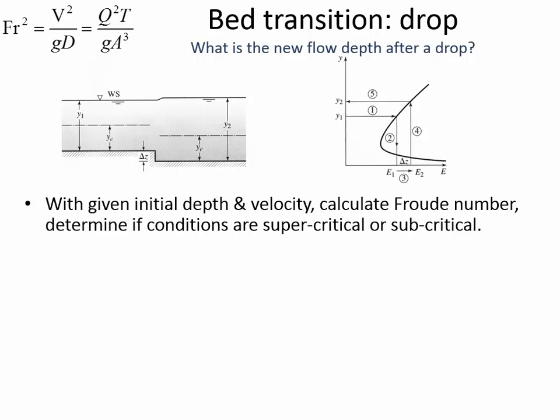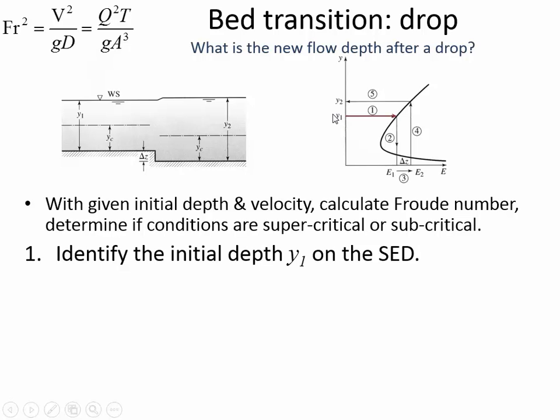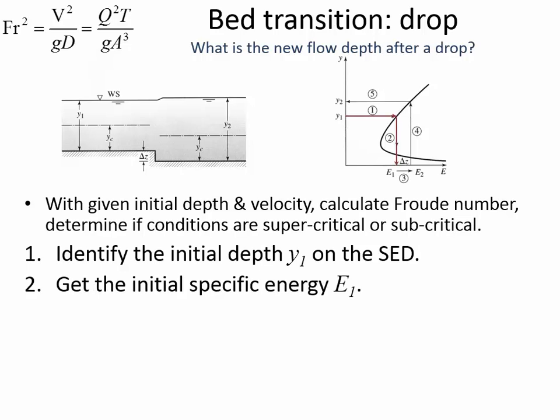First thing we'd do is start with our initial flow depth, y1. That is given in the problem statement. So we would go over from the y-axis to the specific energy diagram. Where it intersects the curve, that's where we'd go down to however much energy there is at 1.